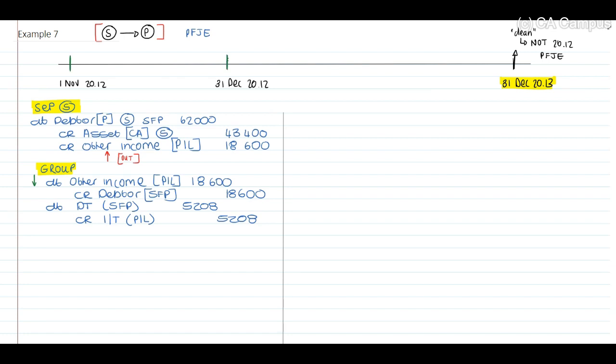Now you need to identify for the year end 31 December 2012 that our parent has depreciated this asset. Therefore, again, guys, in the separate records of our parent, the parent shall debit depreciation and credit accumulated depreciation.